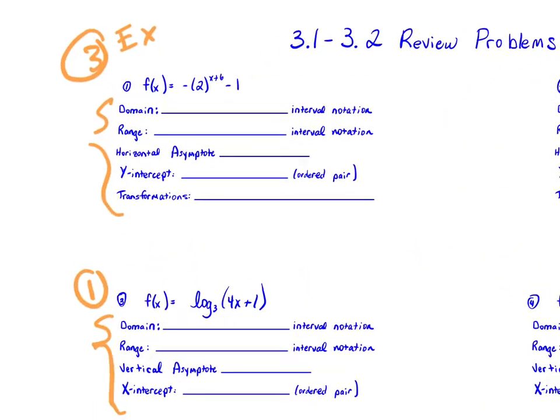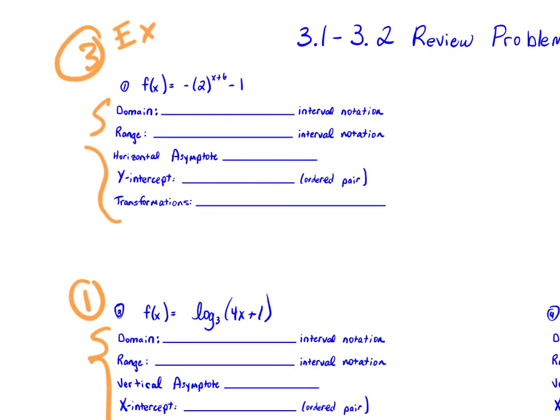So I want to do number 1 over again, just because yesterday was not great. So always, for exponential functions, our domain is going to be all real numbers. So always, always, always, we have negative infinity to infinity.